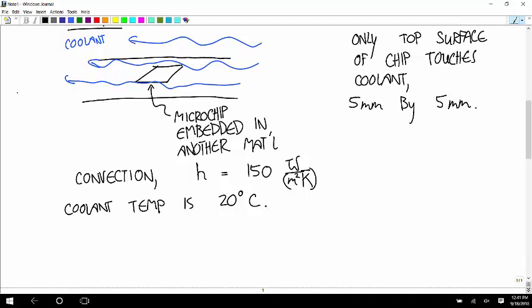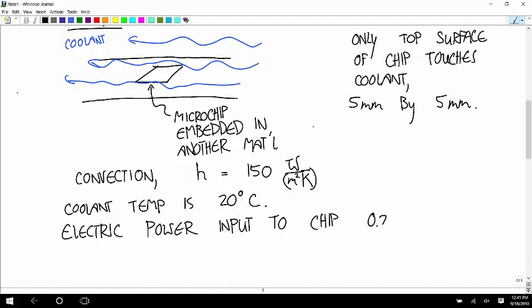And the electric power going to the chip, so that's an electric power input to the chip, is 0.225 watts, so that's joules per second.